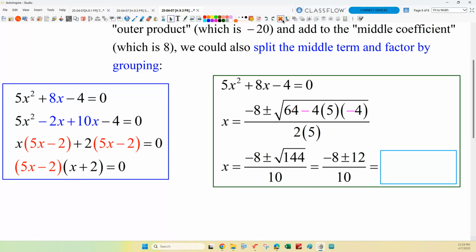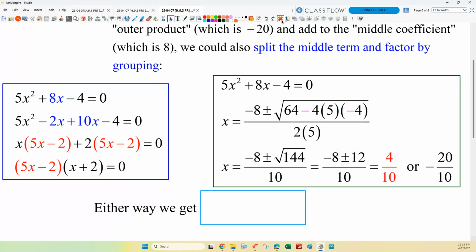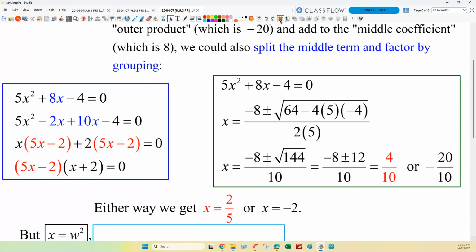If I take the minus sign, what do I get? Negative 20 over 10. And those are both going to simplify, aren't they? Right? So we get those two options. Either way, if I reduce those fractions or if I just apply the zero product property, I'm going to get the two solutions. X equals 2/5 or x equals negative 2.